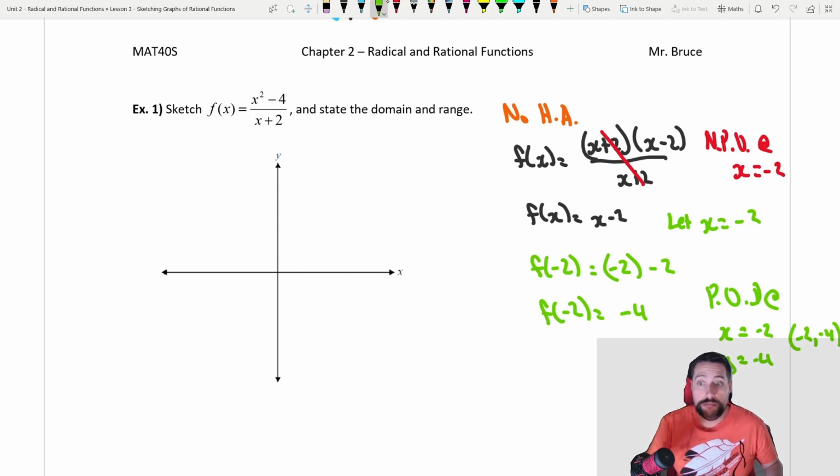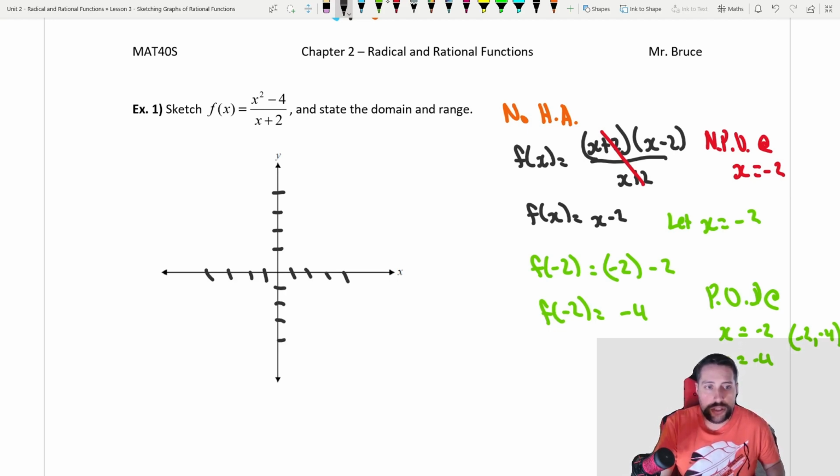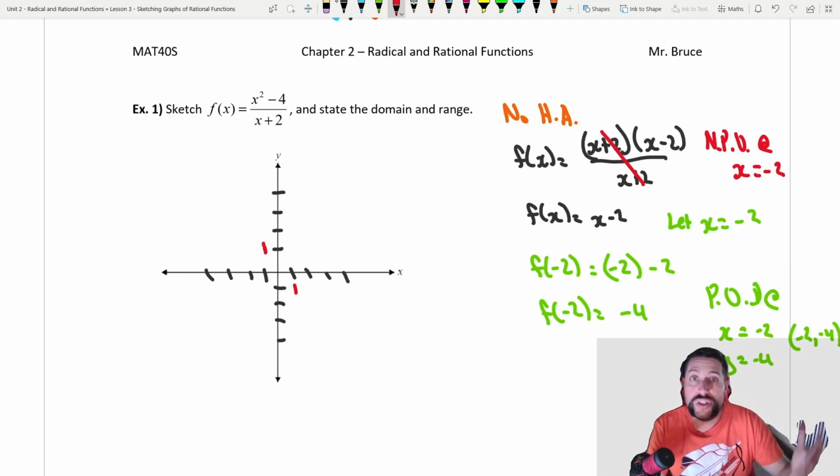Okay, so let's go ahead and graph this. Okay, 1, 2, 3, 4. Right, 1, 2, 3, 4. Again, when you're sketching, you have to create your own coordinates sometimes. Okay, and just state that if this is 1, this is 1 as well, so that the reader knows exactly how much your scale is going up by.